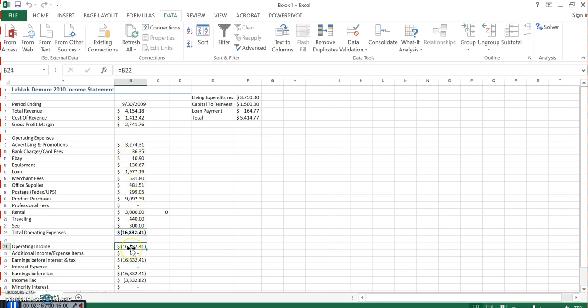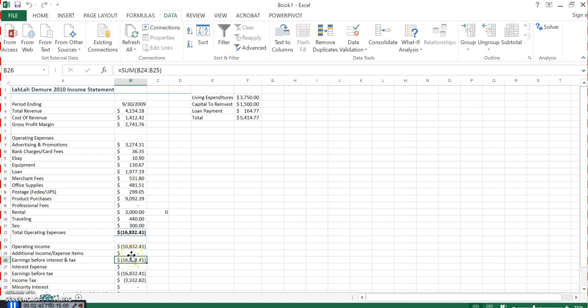Moving right along, we have operating income, same as total operating expenses. Next up, the company didn't have anything as far as additional income or expenses. So moving right along, earnings before interest and tax. This formula will be combining these two cells right here, operating income and additional income.